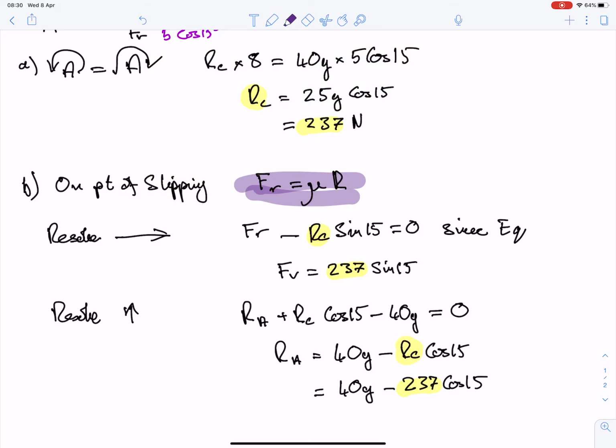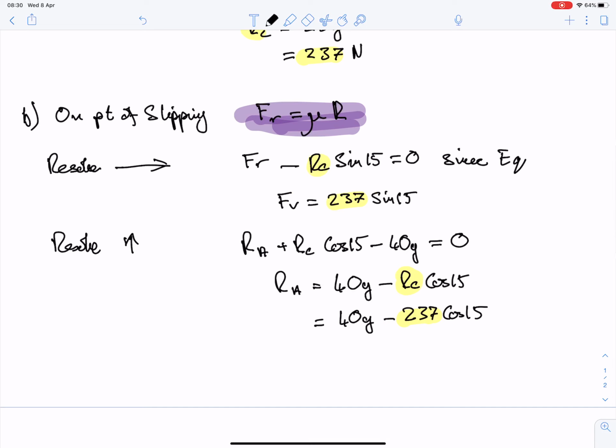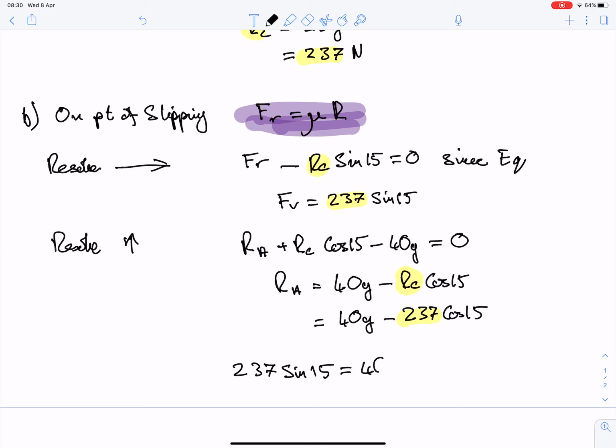friction equals mu R. So we get friction, which is 237 sine 15 is equal to 40G minus 237 cos 15, don't forget the brackets, times mu.